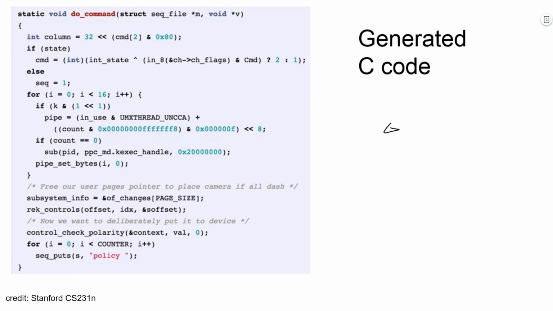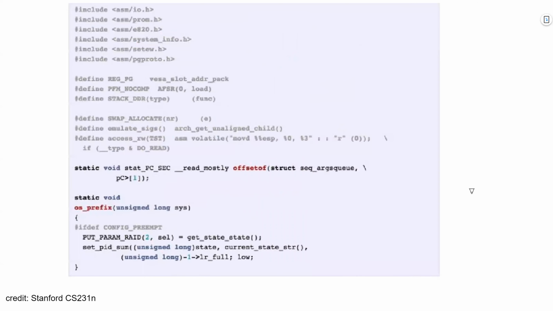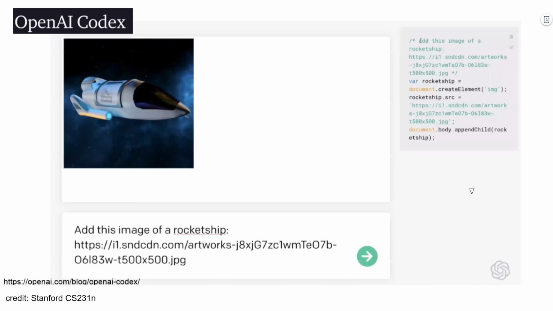Nowadays, Copilot or ChatGPT is helping you coding quite a lot. And OpenAI is using these language models very well.